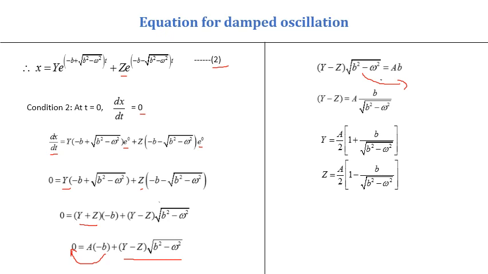Therefore we consider y equal to a by 2 into 1 plus b by square root of b square minus omega square, and z equal to a by 2 into 1 minus b divided by square root of b square minus omega square.